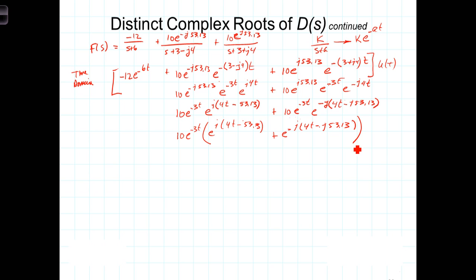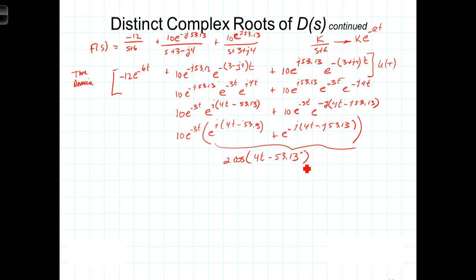Now, we look at these two terms here, and we recognize that that's equal to 2 times the cosine, just Euler's formula. This is 2 times the cosine of 4t minus 53.13 degrees.